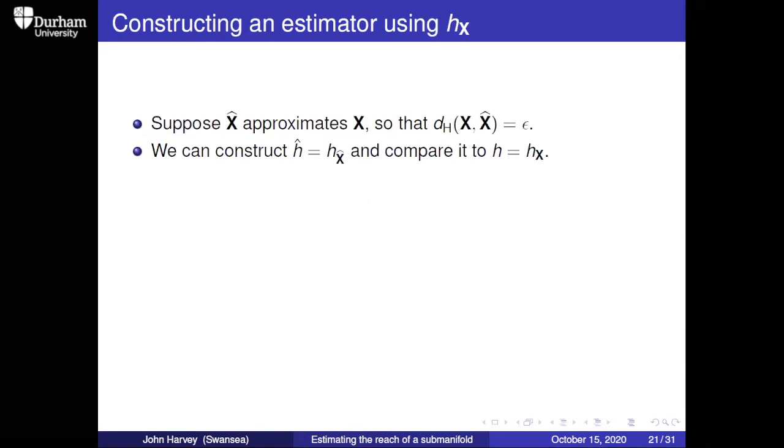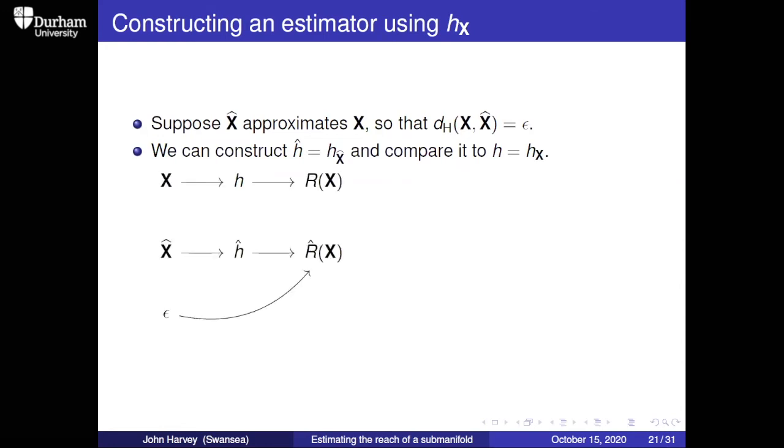So that means you could use the point set as x hat, and it will be Hausdorff close to the true submanifold X with high probability. Then I could look at the convexity defect function of x hat. I'll call that h hat. And I know that h hat and h, they've got to be quite close by the stability property.